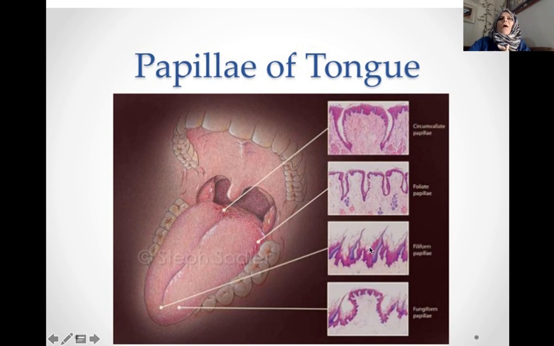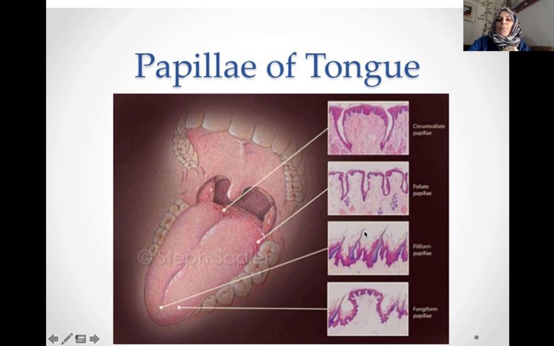The papillae are projections from the tongue, and some of them are responsible for taste because they contain intraepithelial sensory organs called the taste buds. Okay, now we will explain them bit by bit, but for now, if we want to identify the papillae of the tongue, number 1, let's study the filiform papillae.